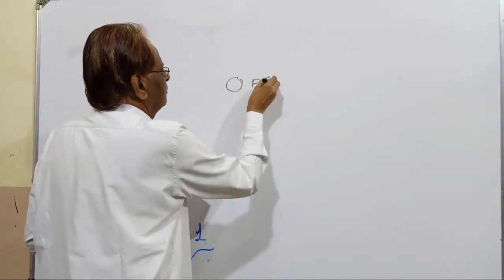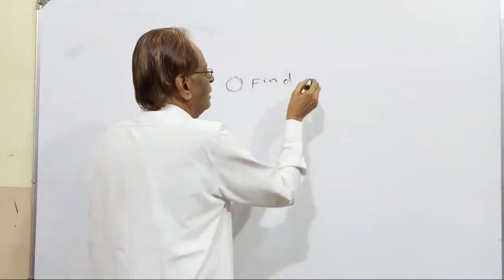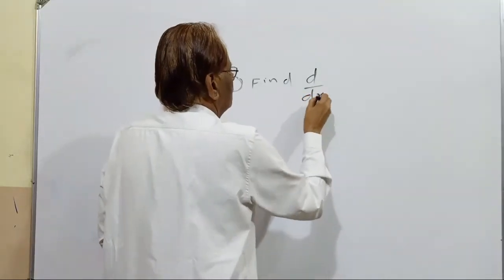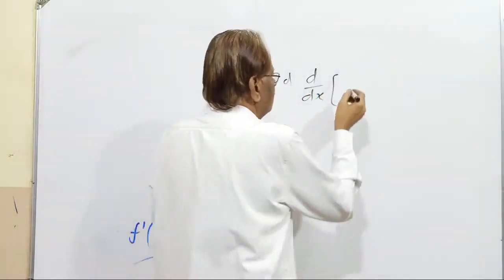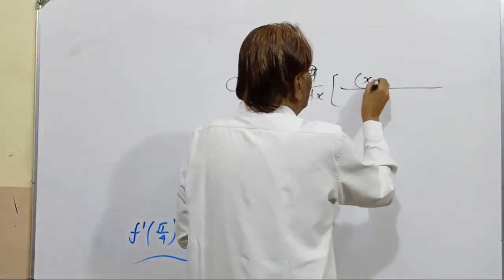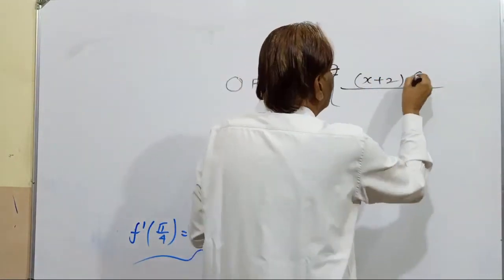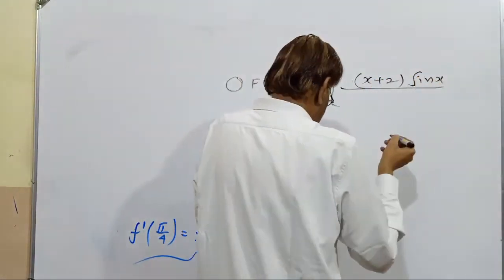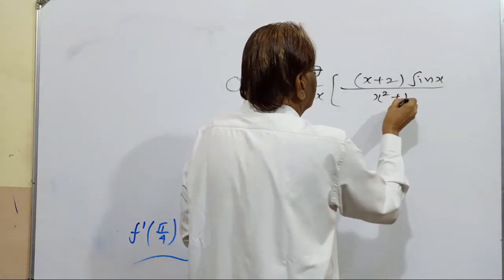Find d by dx of (x plus 2) into sin x by (x squared plus 1).